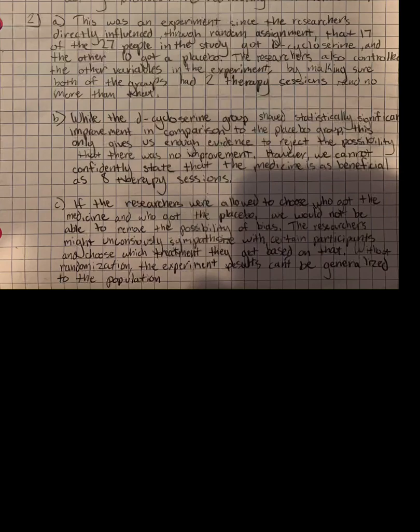And basically, what I'm trying to say in my answer is that if they don't randomize, even though they might say they're not biased, you cannot remove bias by human choice. Anytime a human is making a choice or consciously trying to assign something, we always will have some sort of bias, even if it's not a large bias or we don't recognize that bias.